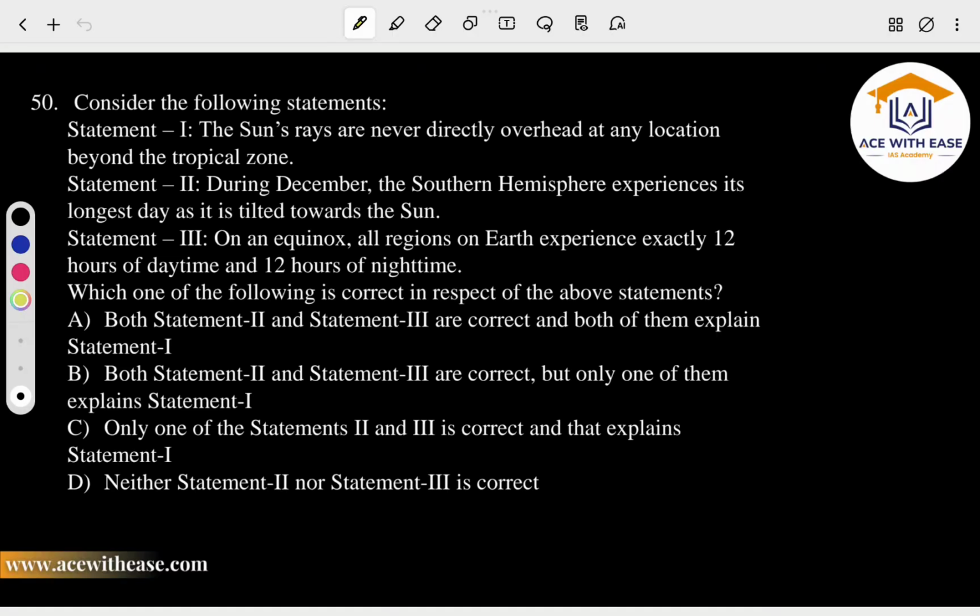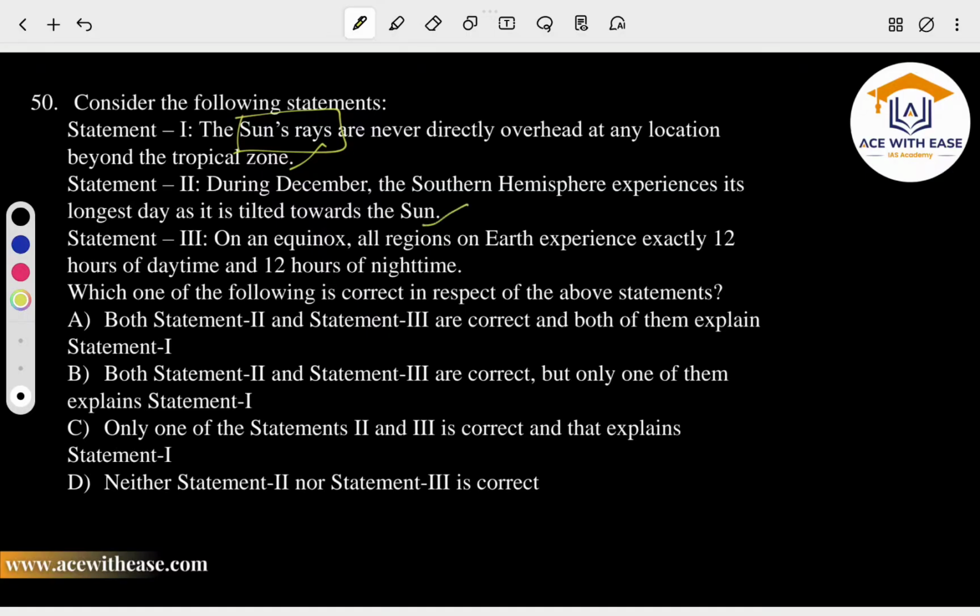50. Consider the following statements. Sun rays are never directly overhead in any location beyond the tropical zone. Yes, only between the Tropic of Cancer and the Tropic of Capricorn do we find the sun rays vertical. Second, during December, the southern hemisphere experiences its longest day as it is tilted towards the sun.